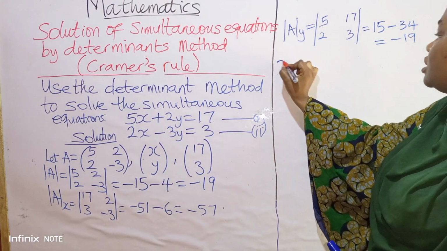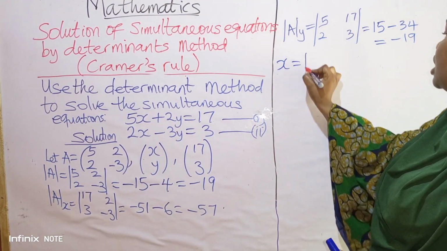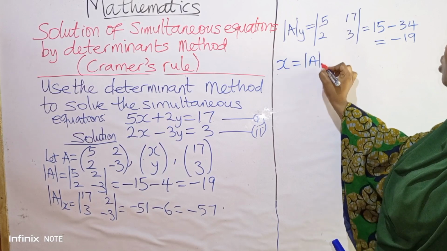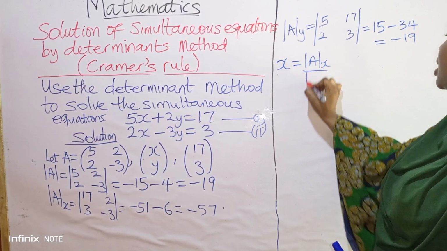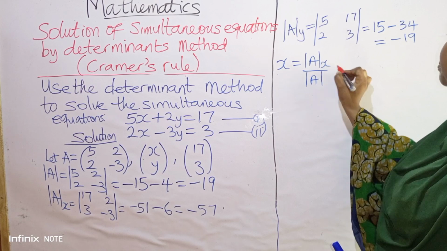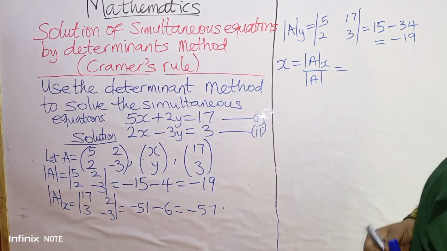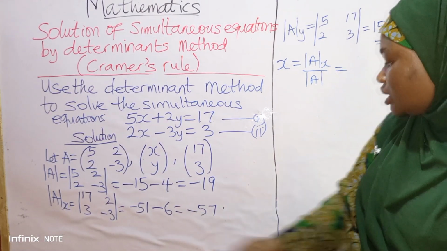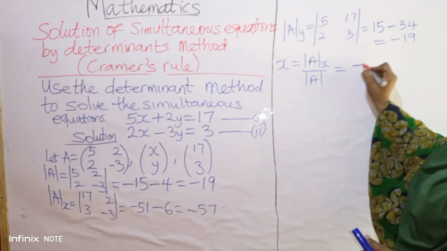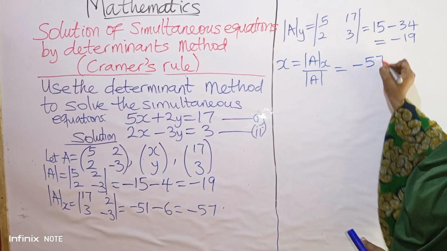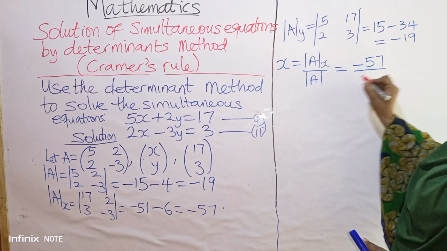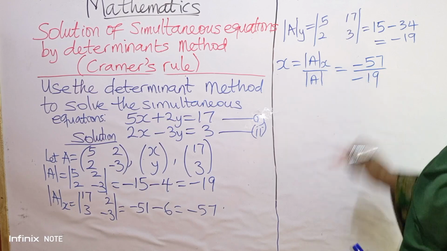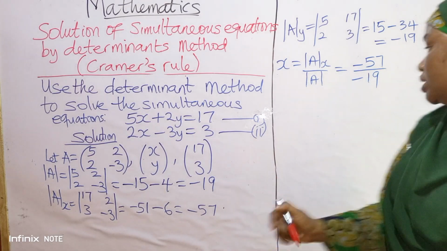Now to find x, it will be equal to the determinant of A with respect to x divided by the determinant of A. The determinant of A with respect to x is minus 57, divided by minus 19, since the determinant of A is minus 19.